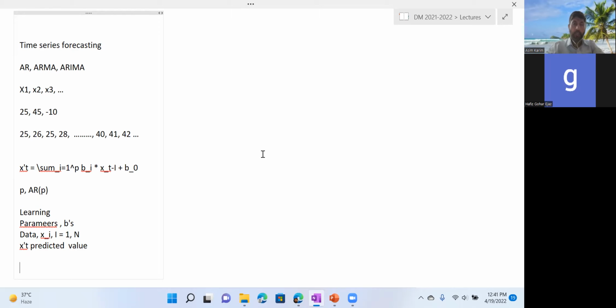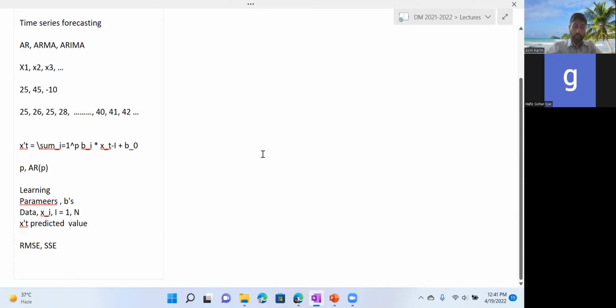The goal is, of course, to minimize the difference between the two, and we can use various loss functions. The most common loss function is the root mean squared error, or even sometimes the sum of squared error. I think sum of squared error is better because it has better convergence properties. So what is the sum of squared error? Simply, you are summing over the data, i equal to 1 to n, and you're taking the squared difference between the two: x_i minus x prime_i, squared.